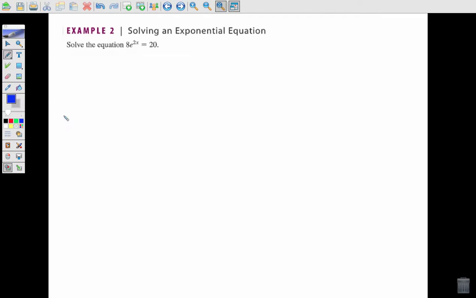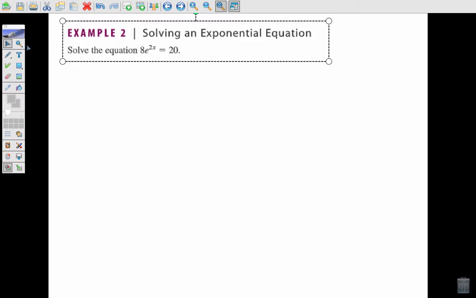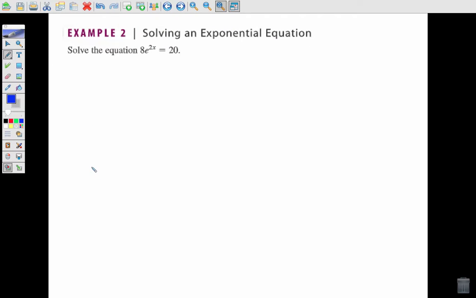Okay, let's look at another example: 8 times e to the 2x equals 20. When you're looking at an exponential equation, it's important to think about what your base and your exponent are. In this case, my base is e, and my exponent is 2x, and I have this 8 here that I need to get rid of first.